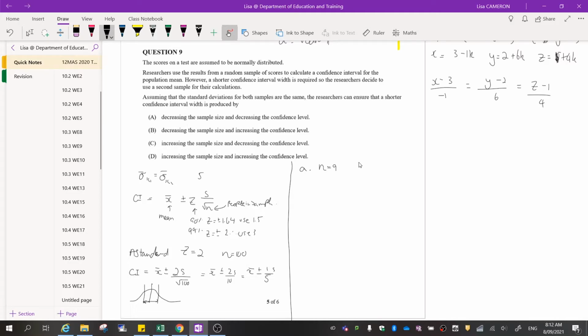Then decreasing the confidence level. So instead of using 2, instead of 1.5, I'm going to use 1 because that number's nicer. Now let's substitute this in and see what happens. Our confidence interval is equal to plus or minus, now you could go to extremes with this, but remember you don't have a calculator.